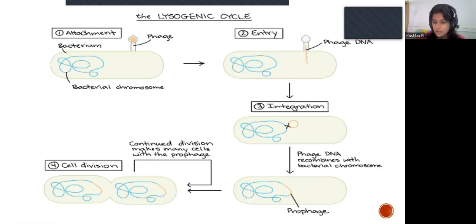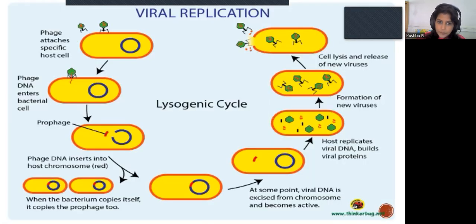Integration happens in the lysogenic pathway only. Here, there is an integration of your phage DNA inside the genome of your bacteria, and there is a recombination that is being created. Now, the progeny synthesized by this particular host will carry the genetic material of the bacteriophage as well.